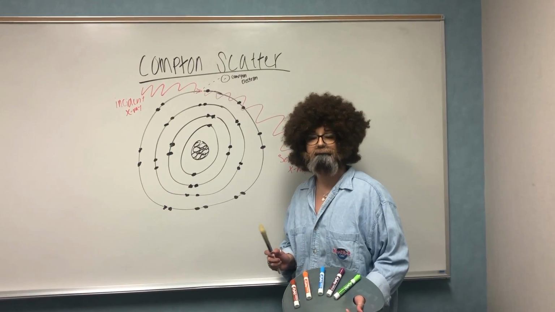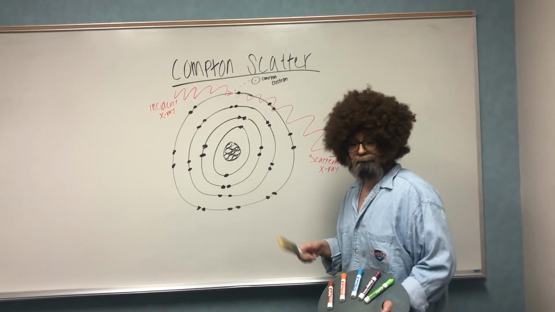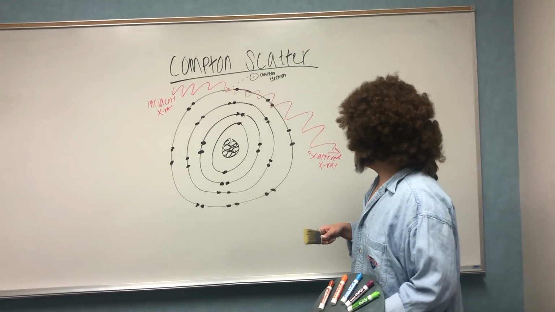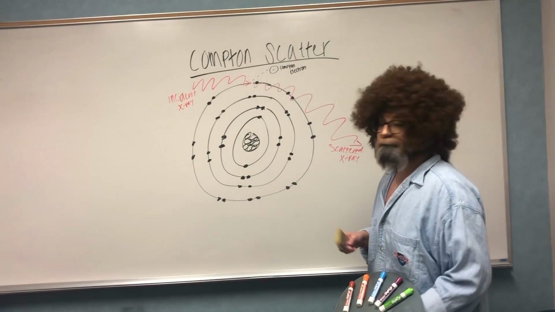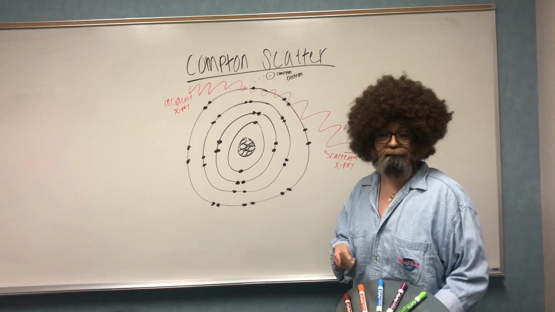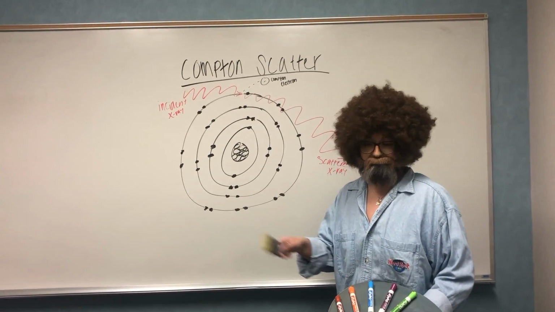Hello, and welcome back. Today we're going over Compton scatter. As you can see, I have drawn out an atom that a Compton scatter interaction is happening. So what is Compton scatter? Compton scatter are X-rays that can happen throughout the diagnostic range.